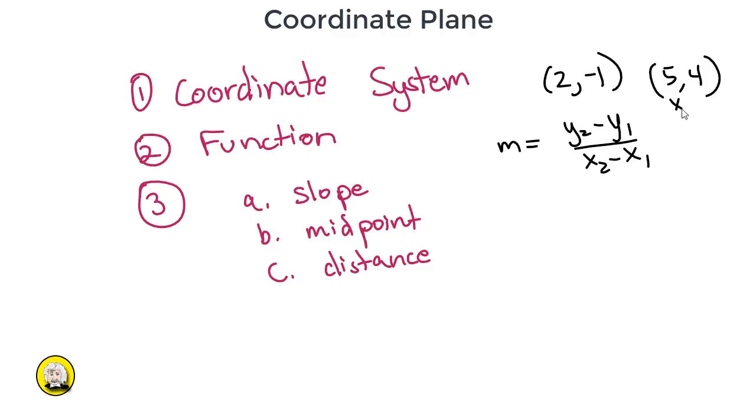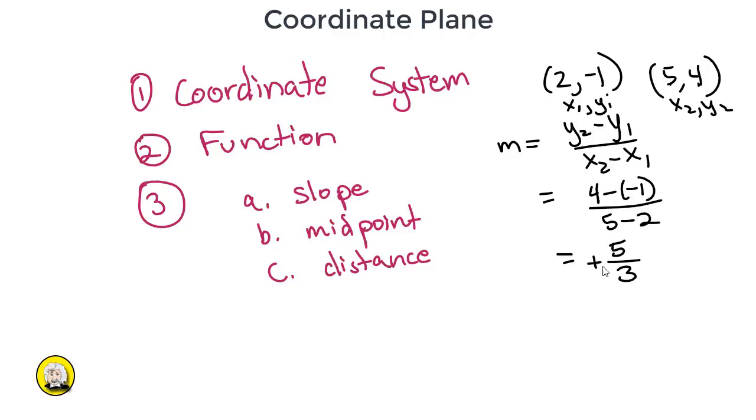My slope is going to be the change in y over the change in x, so that's y2 minus y1 over x2 minus x1. So in this case, that's 4 minus -1, or 5, divided by 5 minus 2, or 3. And that gives me a slope of plus 5/3.